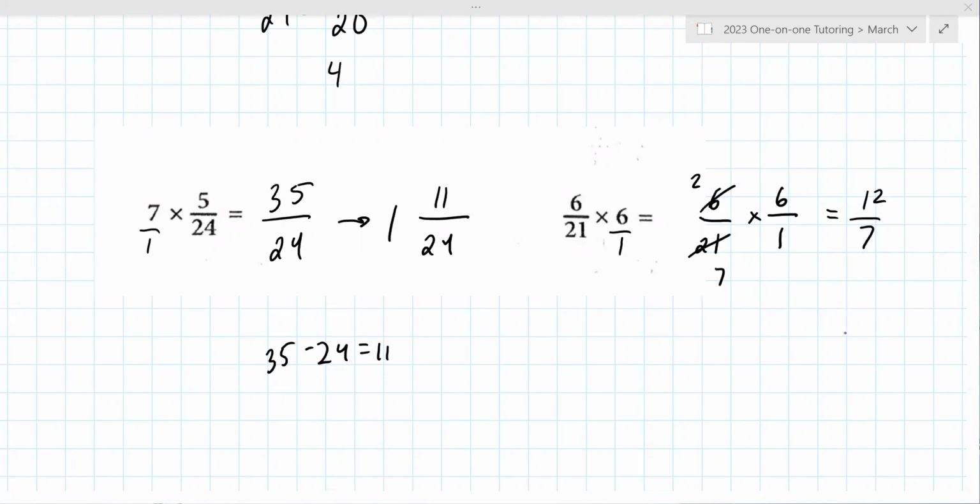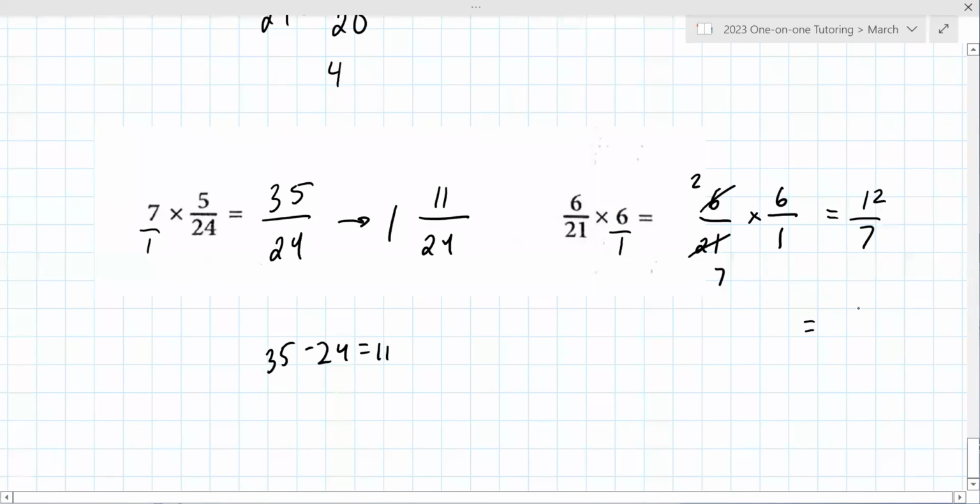What is your mixed number for this one? It would be 36 over 21. You can reduce, the 6 goes into the 21 there, so it's 2 and 7, and then becomes 12 over 7. Oh yeah, I guess so. 1 and 5/7.